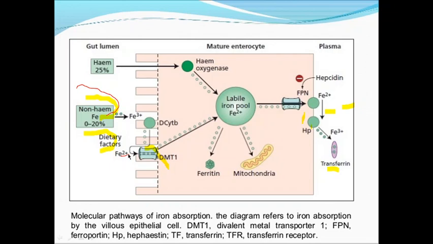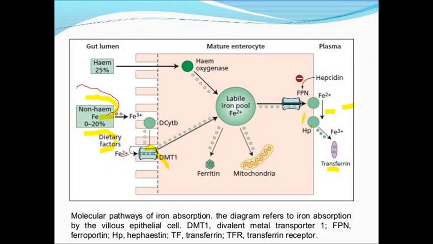Then the DMT can carry iron in the ferrous form to the inside of the enterocyte. In contrast, heme can be absorbed as such, and by the enzyme heme oxygenase iron will be released into the labile iron pool inside the enterocytes.